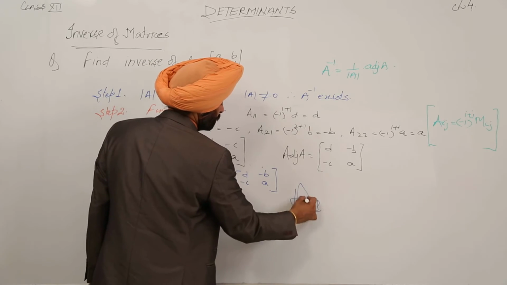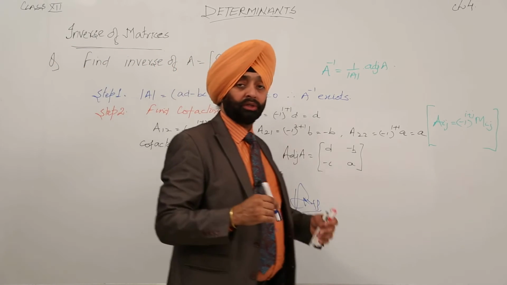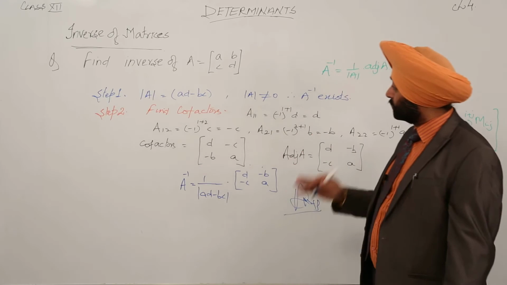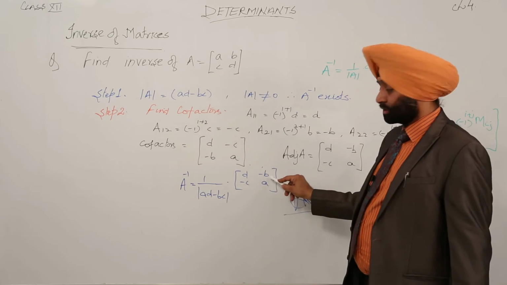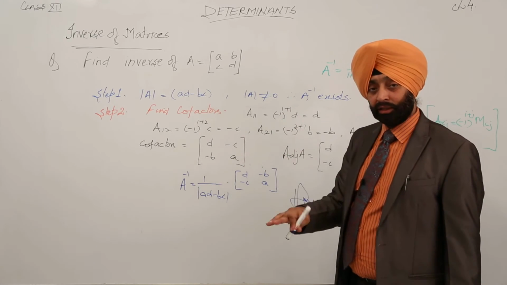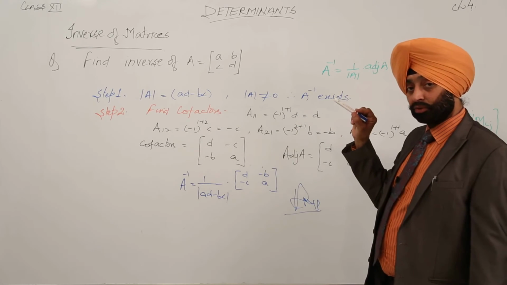Now the basic thing is, whenever we have a 2 by 2 matrix and we have to find the inverse, just look at one thing. First of all, the positions of C and B remain as they are and the sign changes. If it is positive it becomes negative, if negative it becomes positive, and the positions of A and D change.